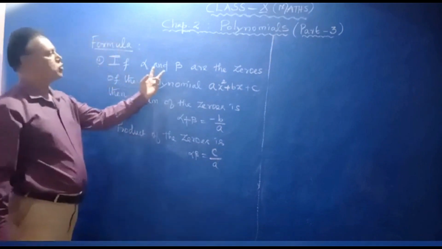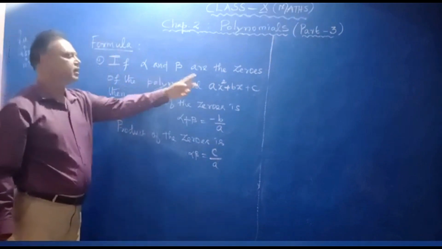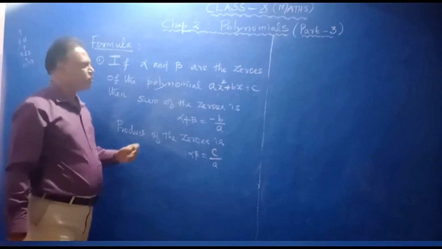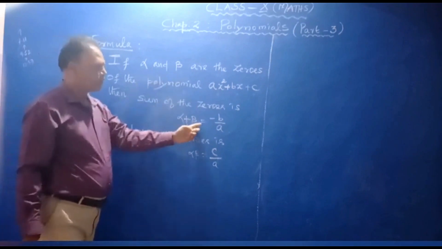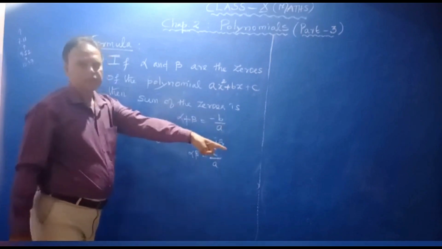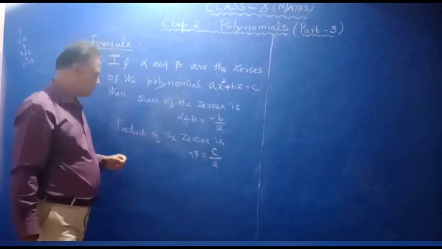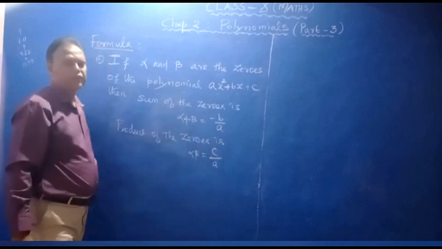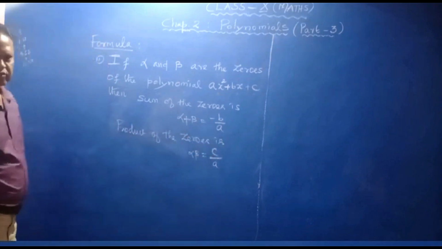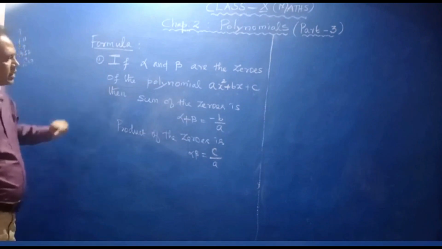When two zeros are given for a quadratic polynomial, one is alpha and one is beta. Previously we derived these, so you have to remember them.